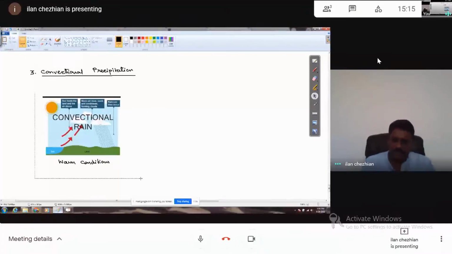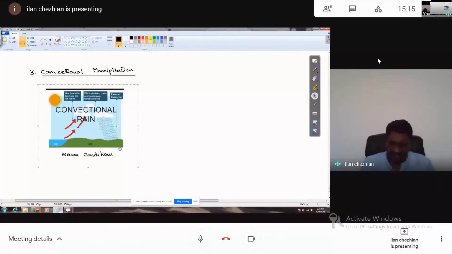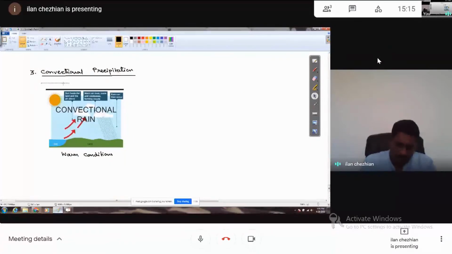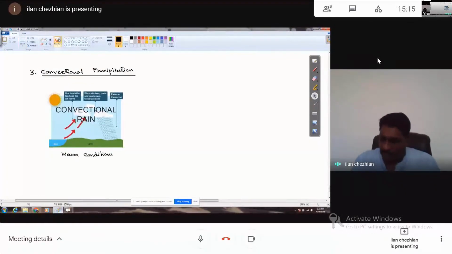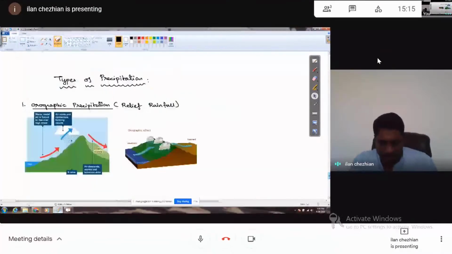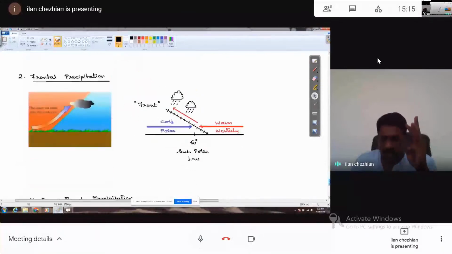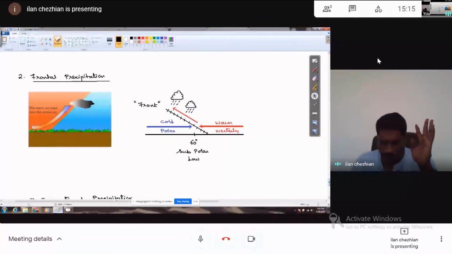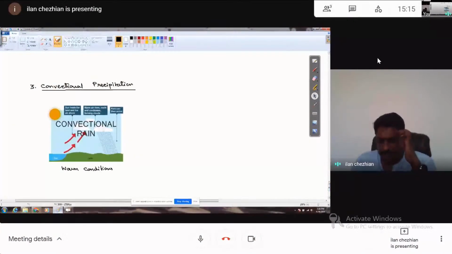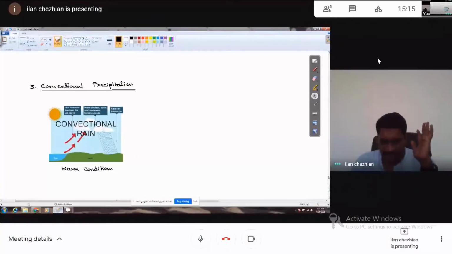In the equatorial region and lower latitudinal summers, what you experience is convectional precipitation. So we have three types of precipitation: orographic, in mountains; frontal, in the mid-latitudes; and convectional, in warm regions. Everything we have taken, my friend.